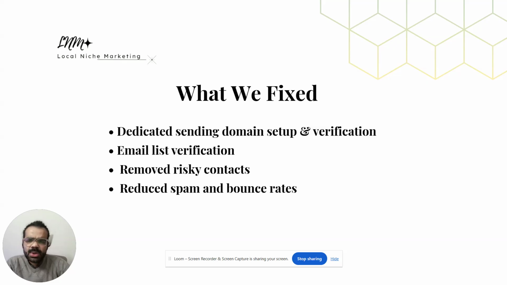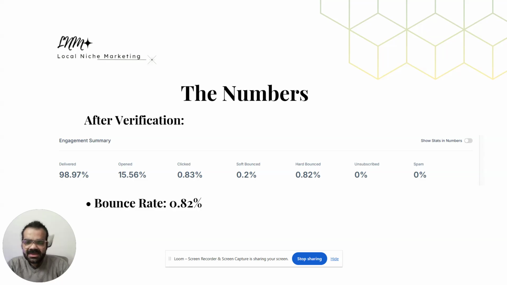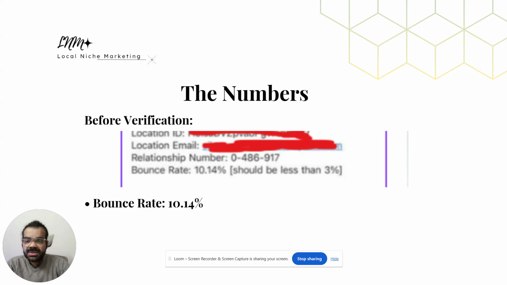Remove the risky contacts and reduce the spam and bounce rates. You have seen from this screenshot that overall delivered were 98.97%, only 0.82% were hard bounced, and 0.2% were soft bounced, which before was around 10.14%.